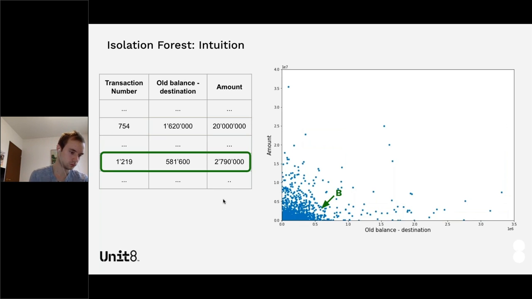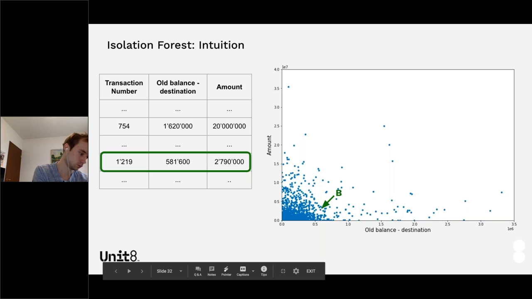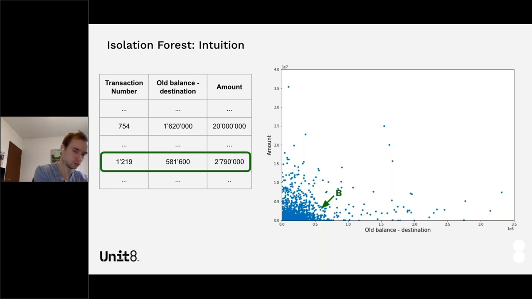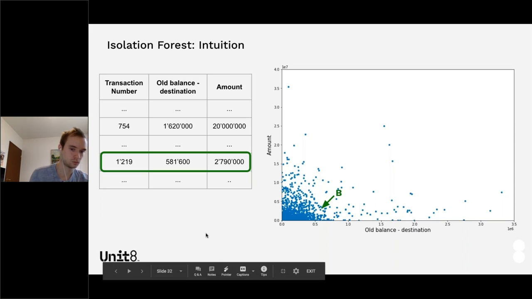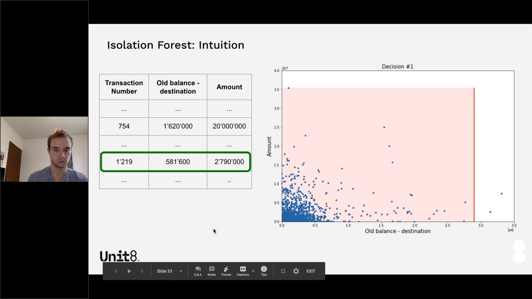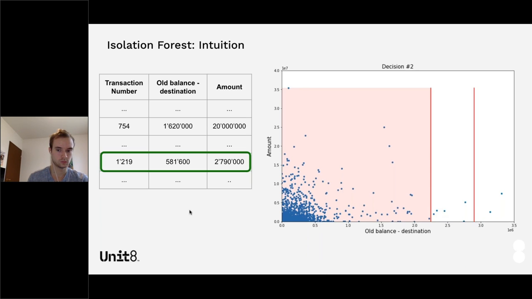So now let's have a look at point B. We again choose a random dimension and random value along that dimension and split the dataset accordingly. And it's exactly the same process as point A. Decision number 2, 3, 4, 5, 6.